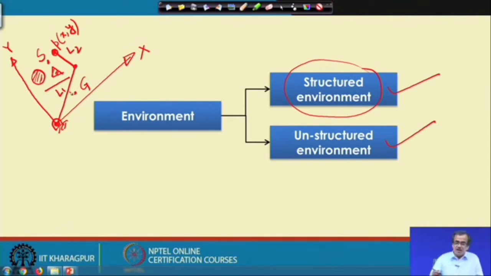Okay. Now, if I modify it a little bit, for example, if I consider that these obstacles are moving, say this obstacle is moving in this direction with some speed, and this is moving in this direction, or this direction, with some speed.